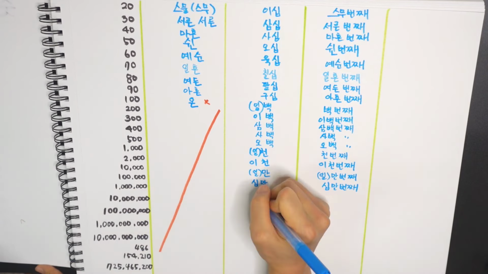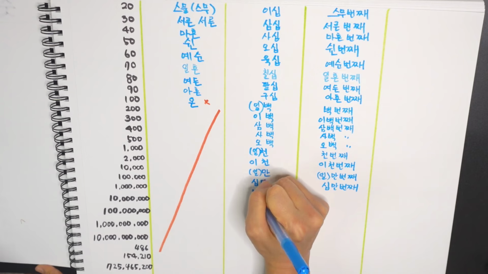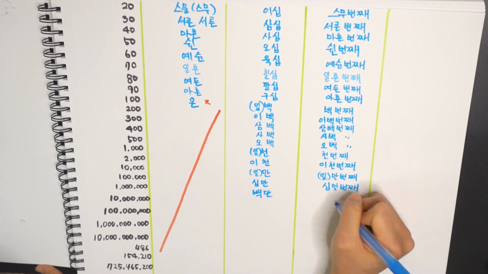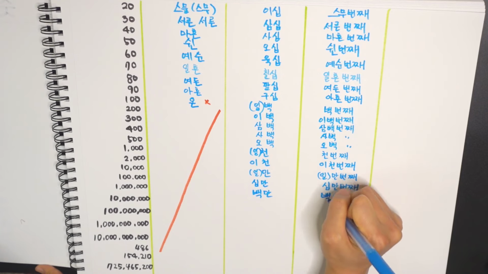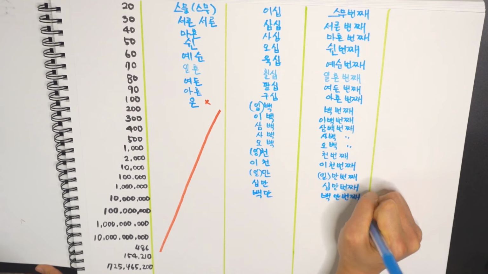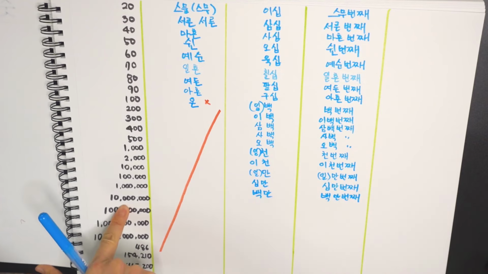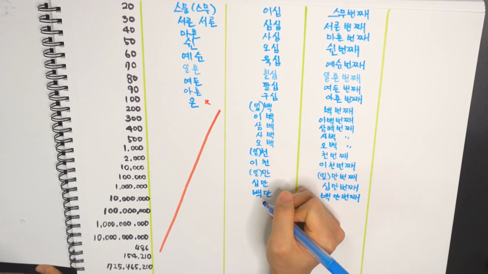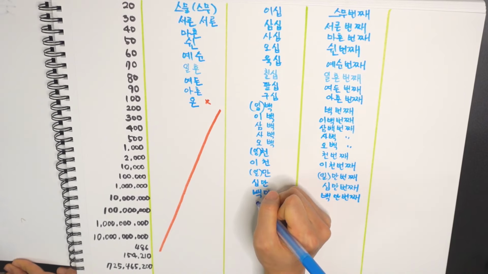And we have 1 million. That is just 100만. Okay? And we have 100만번째. And we have 10 million. So 100 is 100 and 1,000 is 1,000.